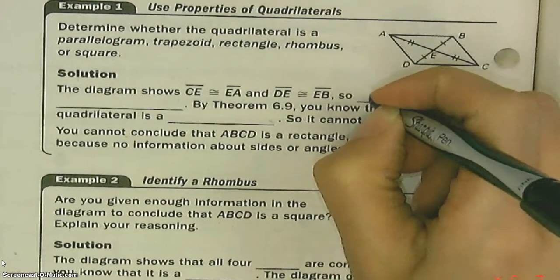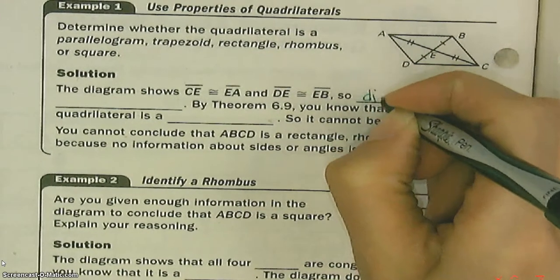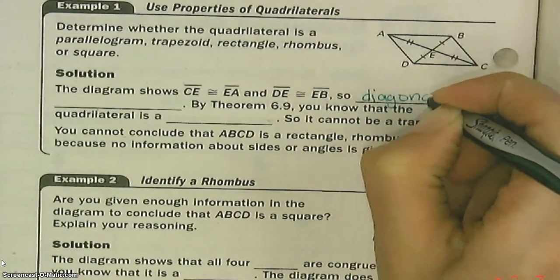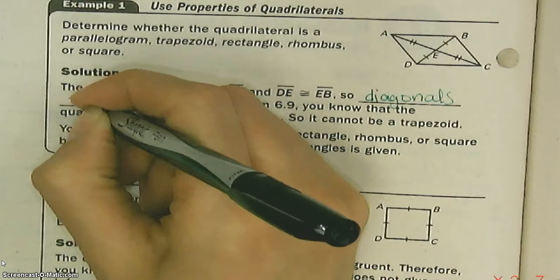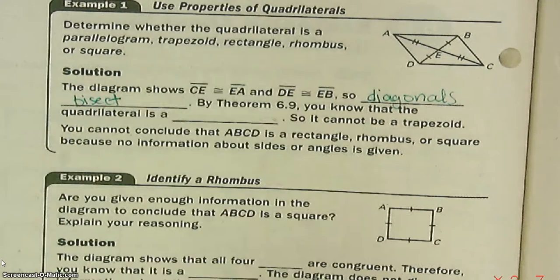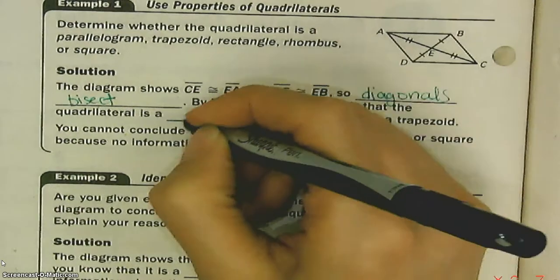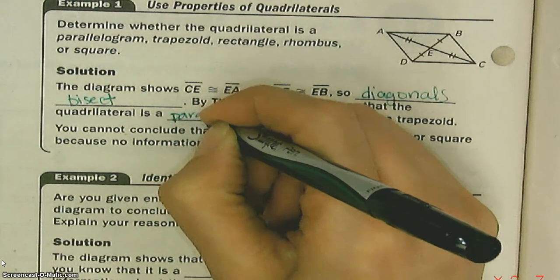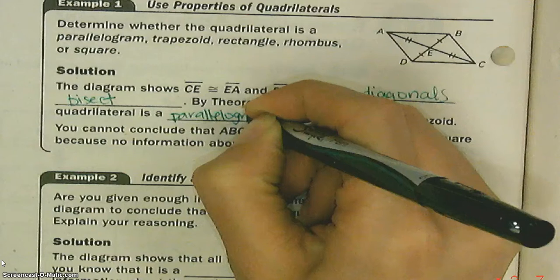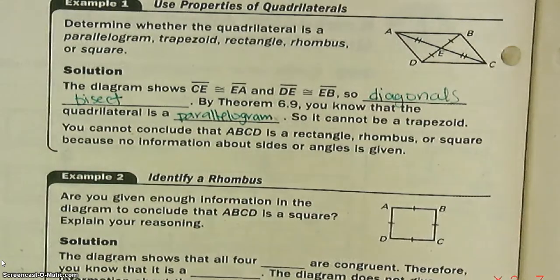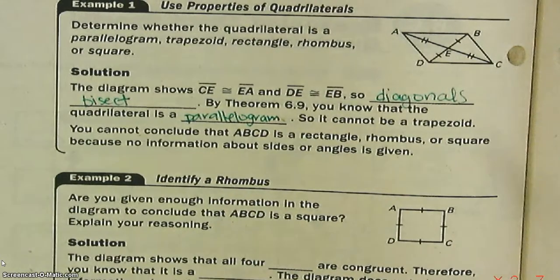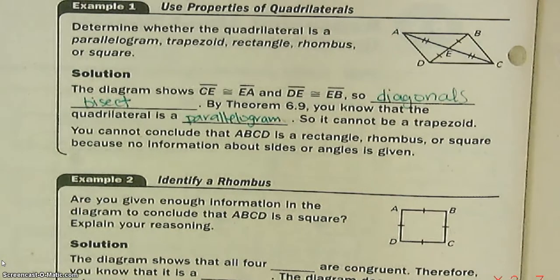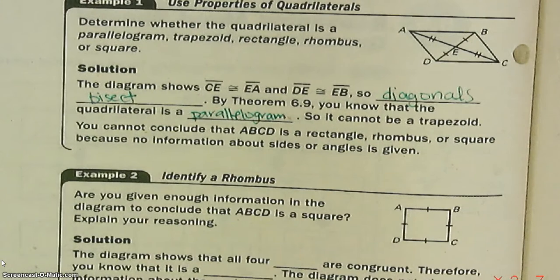So the diagonals bisect. And if you remember, that's a property of a parallelogram. But can we work our way down any further? Can I get any more specific? Do I see any right angles? Do I see any sides that are equal? No, I don't see anything else. So all I can say is that it's a parallelogram.